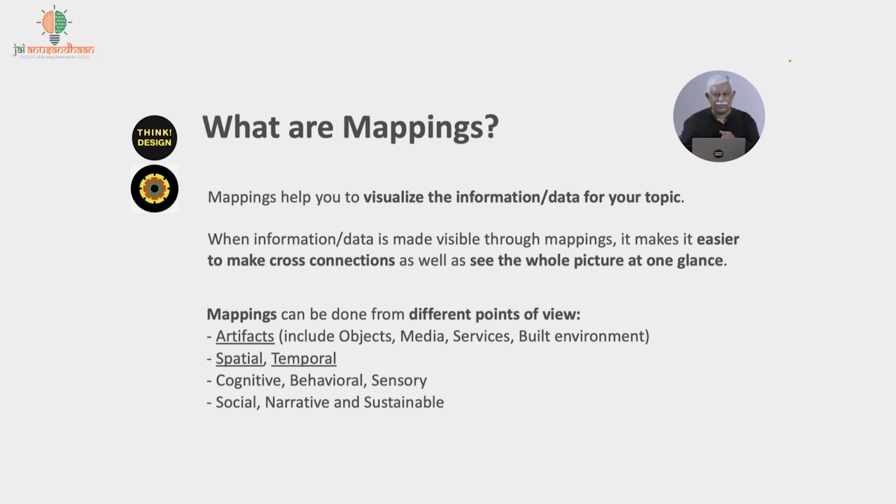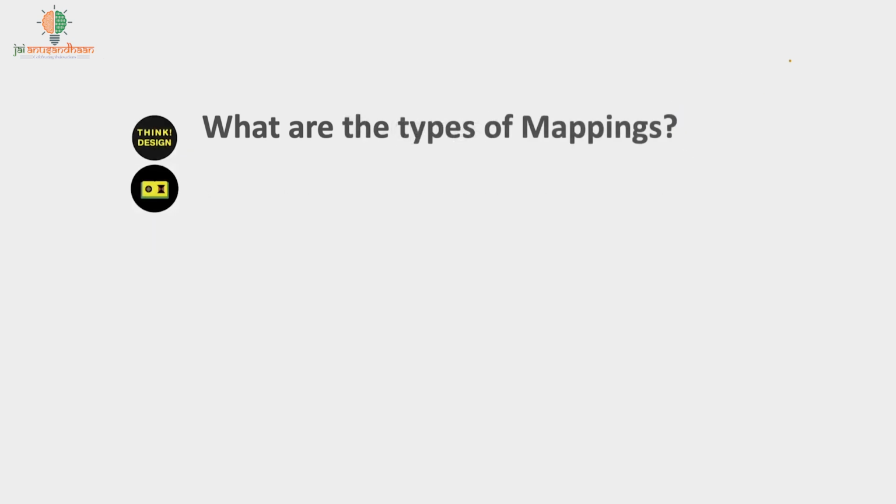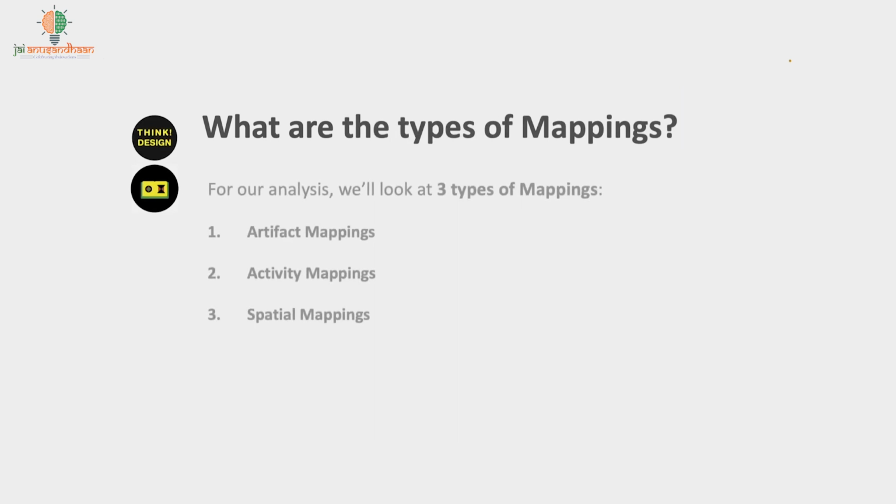We're going to look at three of them: artifacts, activities and spaces. So, for our analysis, we look at three types of mappings: artifact mappings, activity mappings and spatial mappings. As I said before, you need to do just one of them. It's good to have a look at all three of them.